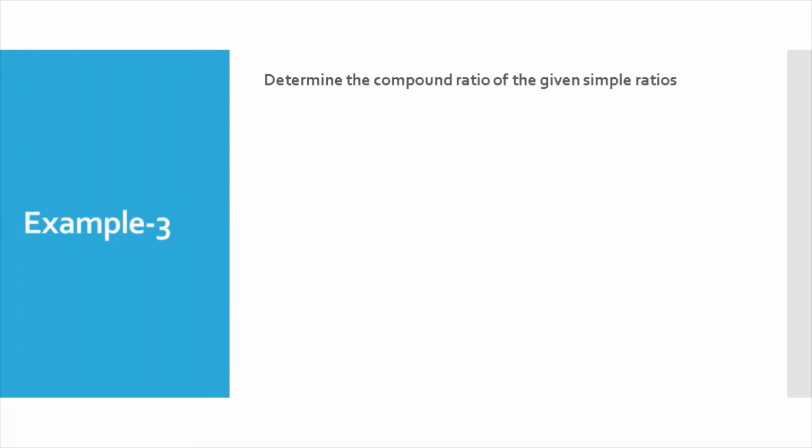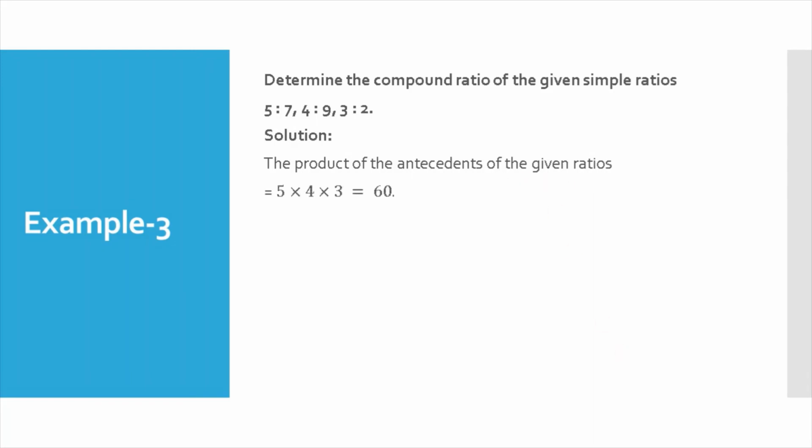So another example, example 3, that is the question: determine the compound ratio of given simple ratios. That is, the simple ratios are given, and that is the solution: the product of the antecedents of the given ratios. As you can see, 5 is an antecedent, 4 is an antecedent, and 3 is an antecedent, so the product is 60.